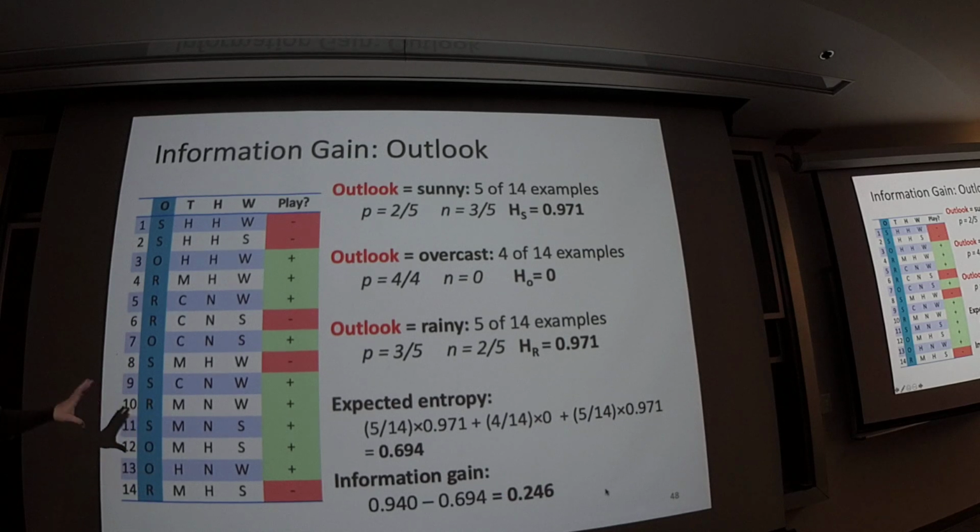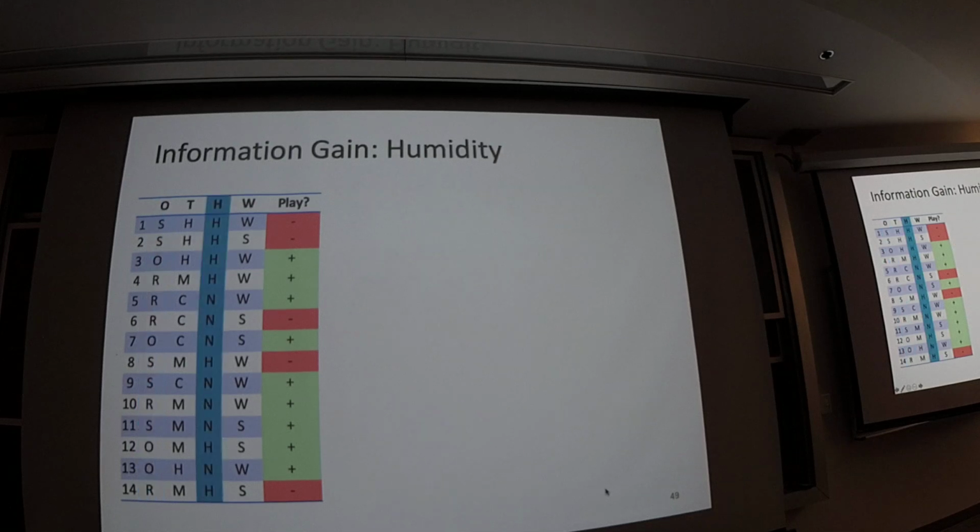Now I have the information gain for outlook. Apply a similar procedure to evaluate the information gain for humidity. For humidity high, we have 7 examples, where 3 of them are positive and 4 of them are negative. Hopefully after class you can verify it yourself, and you can calculate the entropy, which is 0.985.